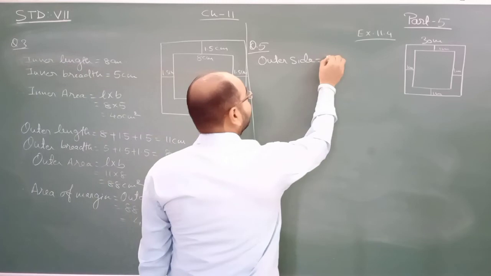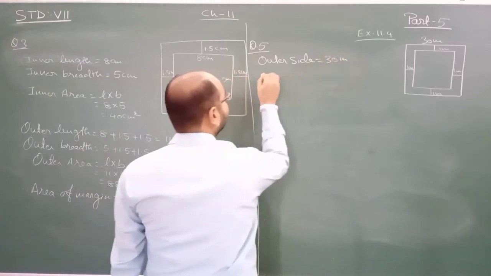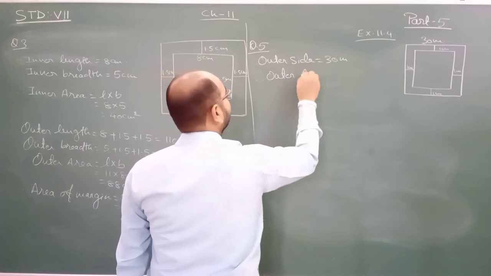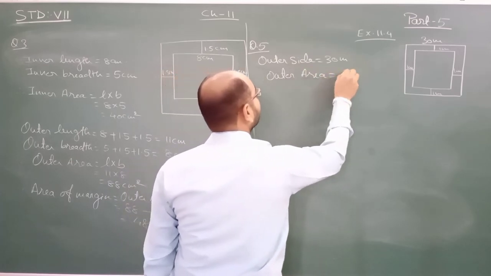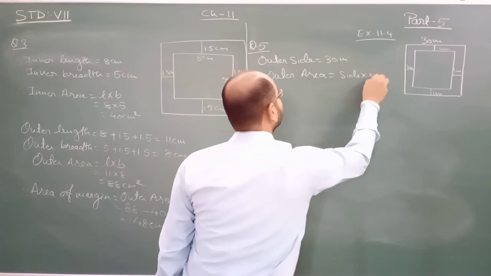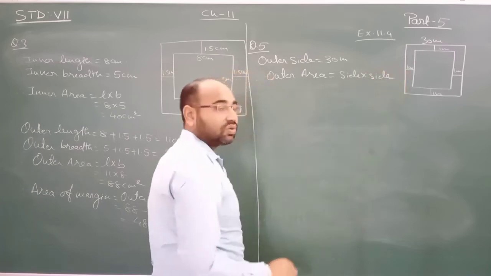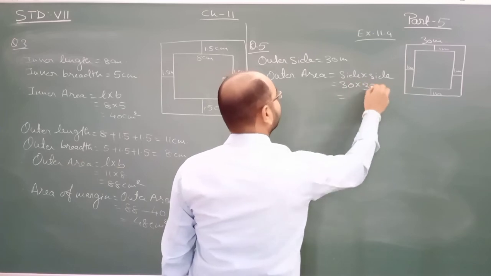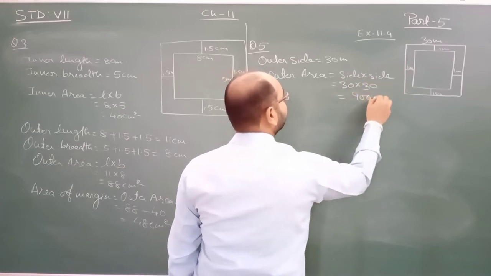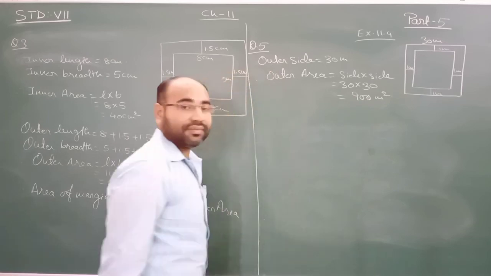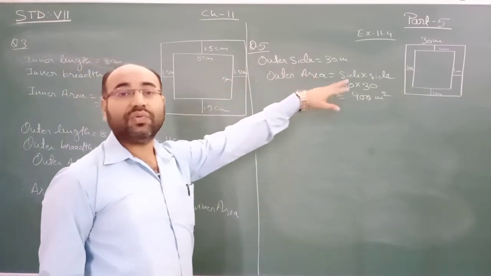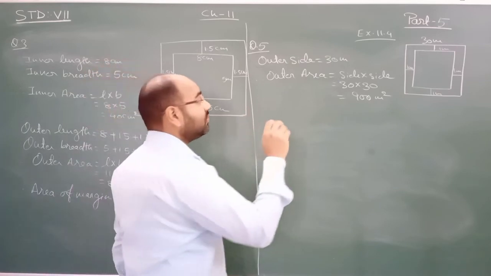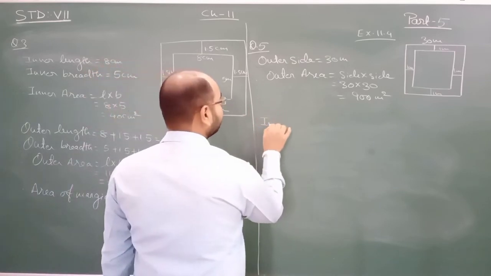So now outer side is 30 meter and therefore outer area is equal to side into side, as it is square, so 30 into 30, that comes to 900 meter square. ये पूरे square garden का एरिया हमको मिल गया.